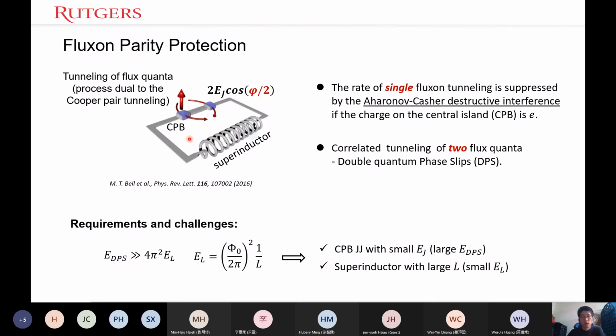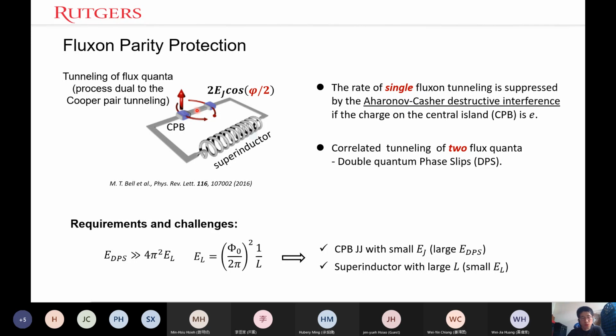With EJ close to EC, we have quantum phase tunneling. In the meanwhile, there are Josephson junctions separated by a small superconducting island, which is a Cooper pair box, and by this Aharonov-Casher effect, we're able to suppress the single fluxon tunneling.